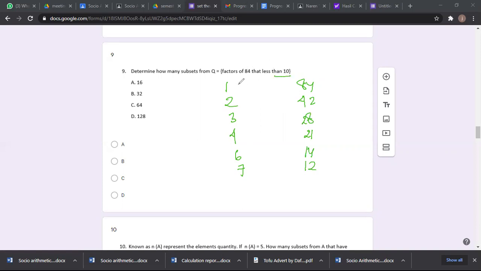Less than 10, we have 1, 2, 3, 4, 6, 7, so we have 6 elements.